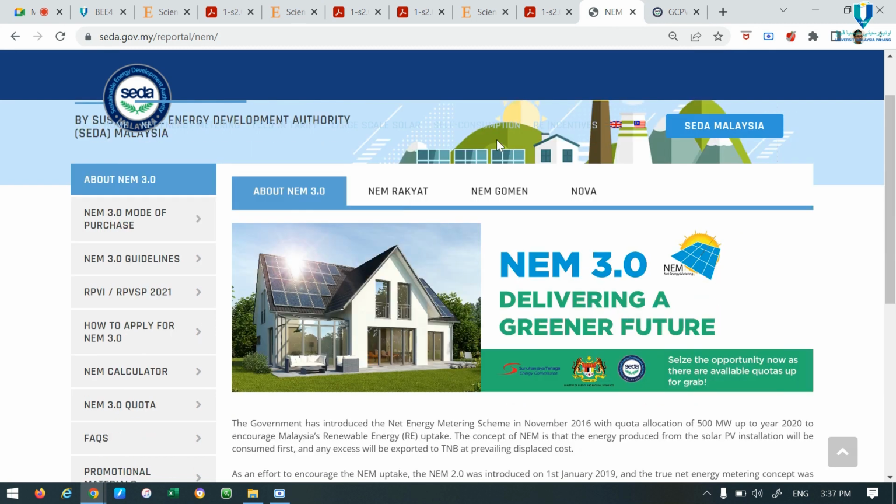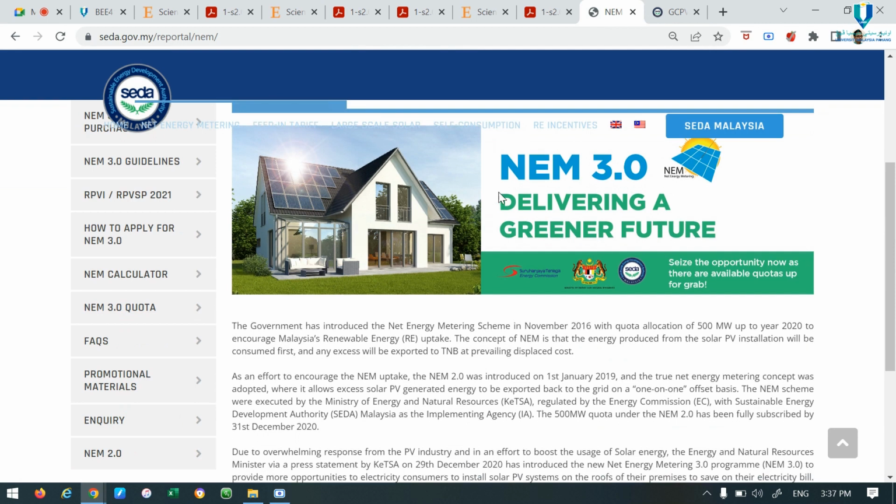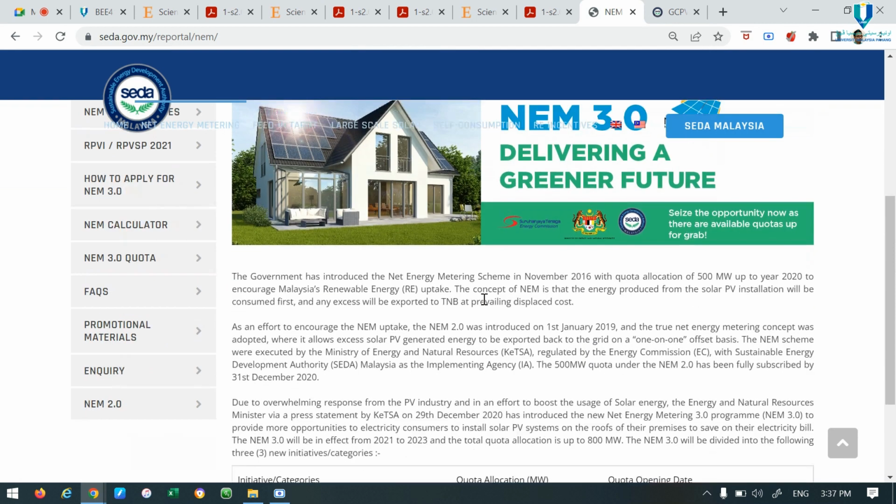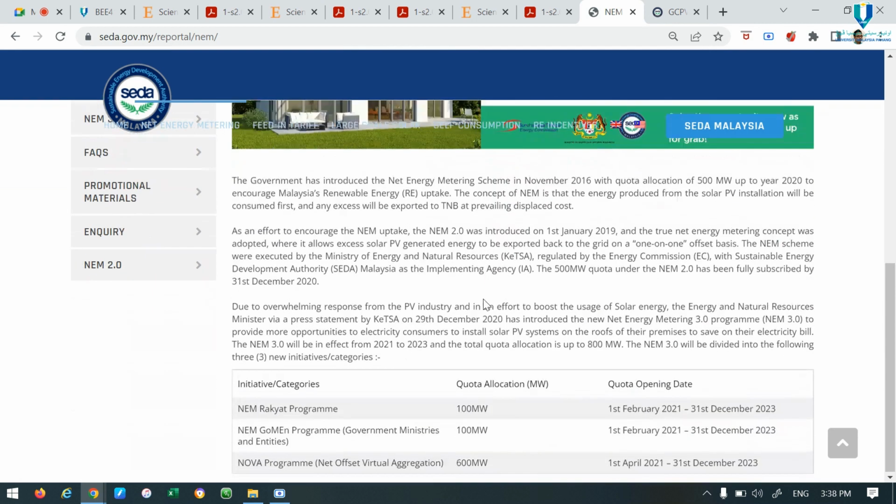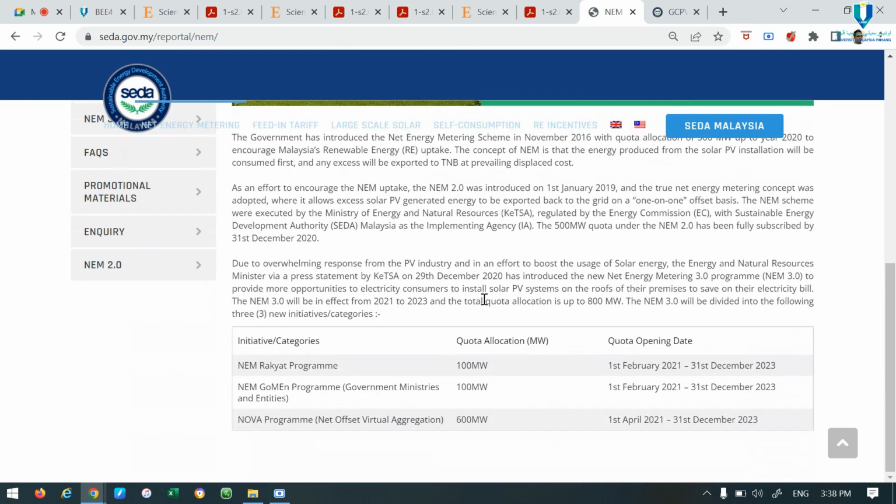Under the NEM package, before that, what is important here? There's the quota allocation, and there are some packages: NEM Rakyat, NEM Government Program, and NOVA Program. There's a quota allocated by the government.